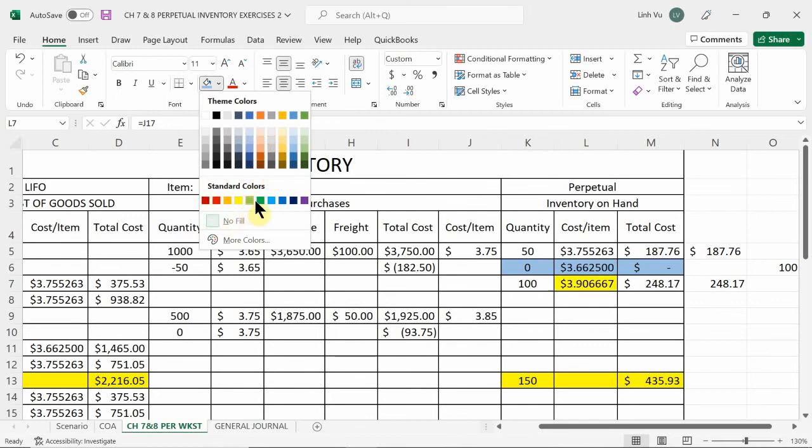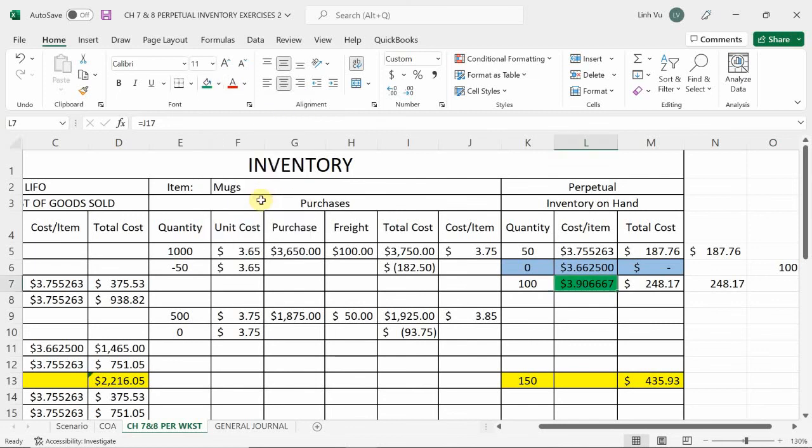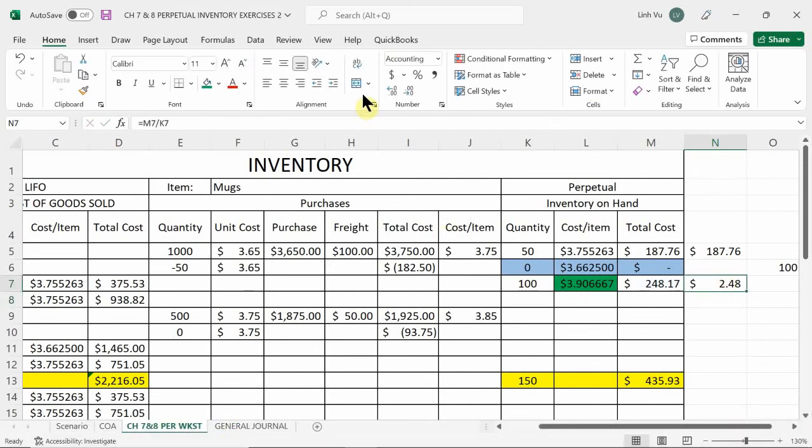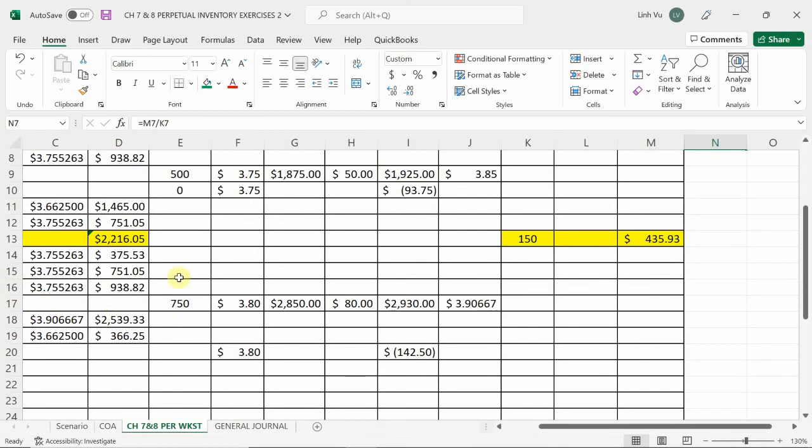So you need to make sure that you go ahead and reference this to make sure that this number doesn't exist anymore. Okay? Because this number is now going to be $2.48.17. That is the new cost per item for this very last batch of inventory. Okay? So therefore, you have 150 units, but it's now at a grand total of $435.93. All right? And that is it.